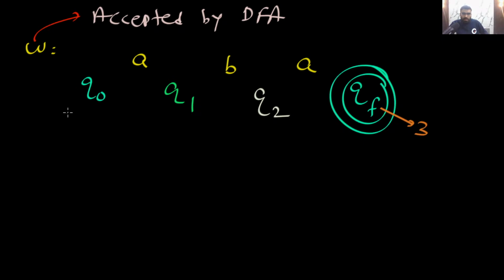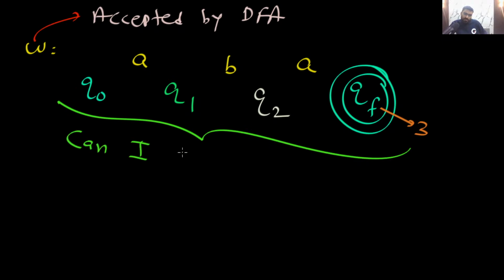So now, can I say I have avoided all the loops? Very interesting thing is coming. Please understand. Can I guarantee that there is no loop?